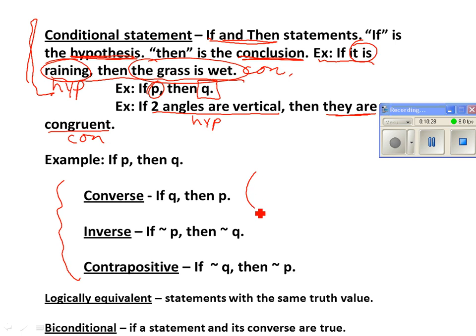If your original statement is if P then Q, the converse of that is if Q then P. What did it do to get the converse? Just switch the hypothesis and the conclusion. And that's what I want you to write down here. Switches hypothesis and conclusion. Just switches the hypothesis and the conclusion around. That's all you have to do for the converse of something.